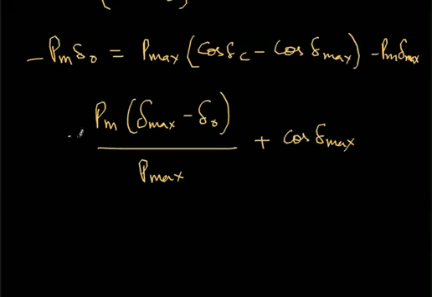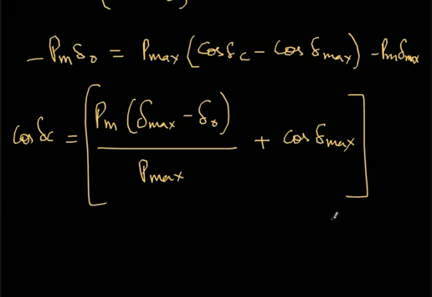All of that will be equal to cos of delta C. Everything on the right hand side is known, so by doing this calculation I will be able to find out what delta C is. Finally, delta C is the cos inverse of all of this. So this is the formula for the critical clearing angle.